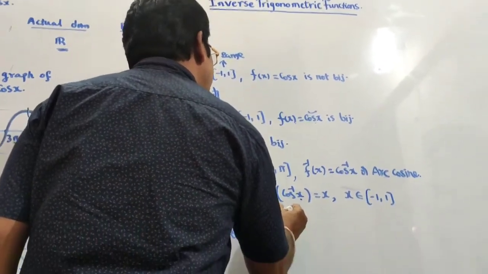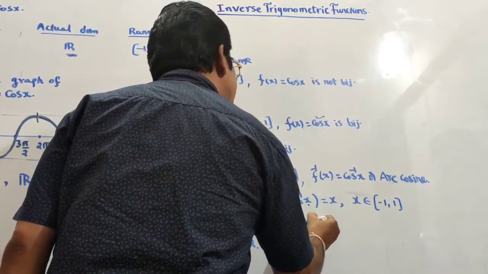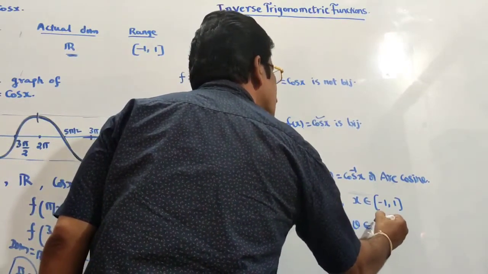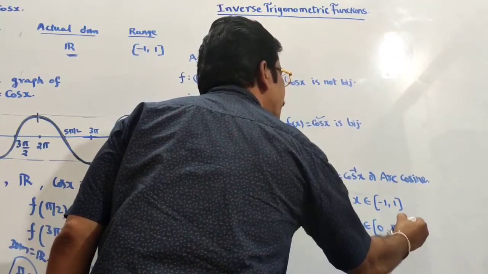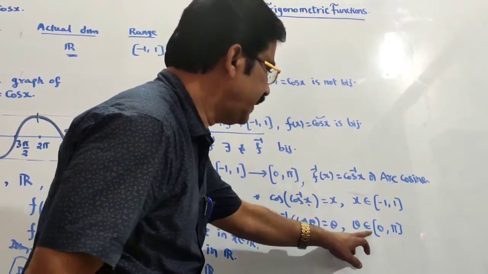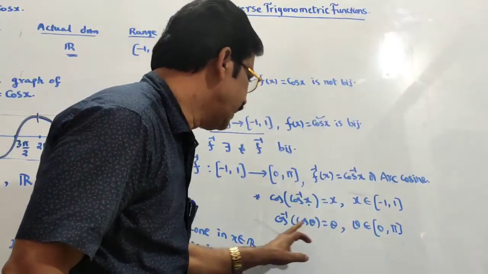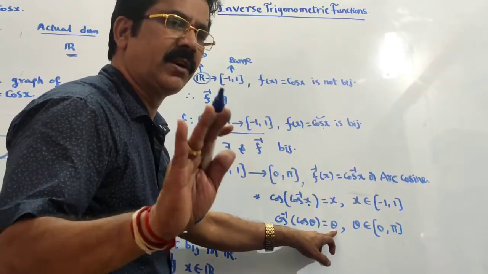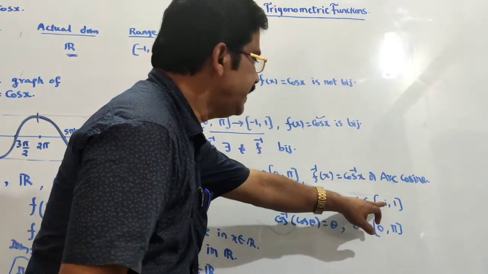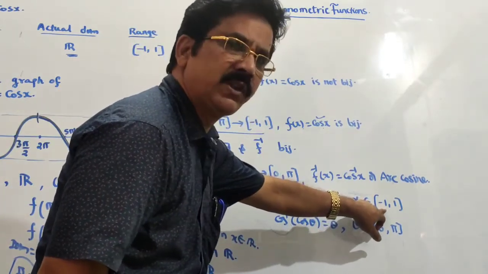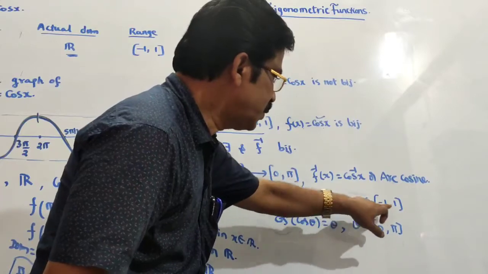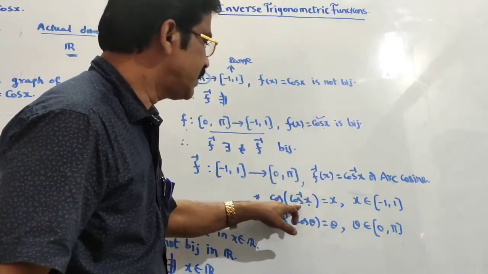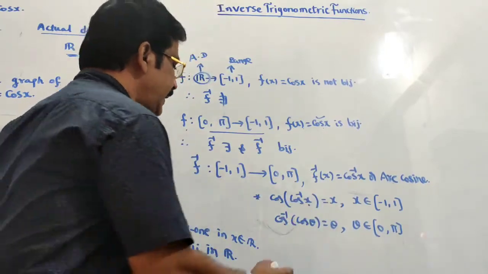And cos inverse of cos theta is equal to theta for all theta belonging to the closed interval of 0 comma pi. If theta is in this area, then only cos inverse of cos theta is equal to theta, otherwise it is not equal to theta. Similarly, if x belongs to the closed interval of -1 comma 1, then only cos of cos inverse x equals x.